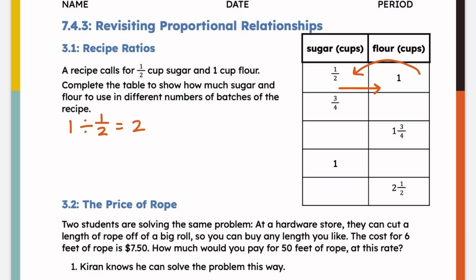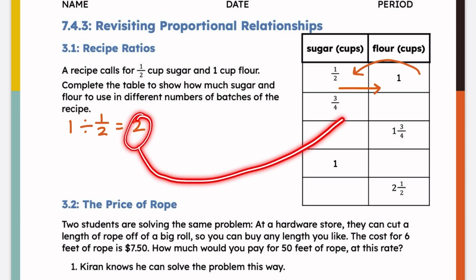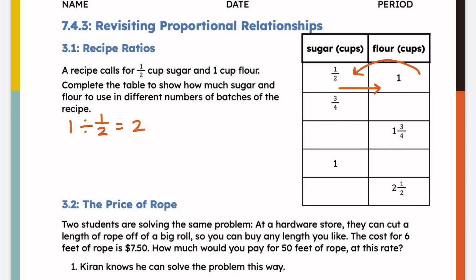What that number actually tells me is we are going forwards in this table by multiplying by 2. So now I can confirm and double check in my calculator: 1/2 times 2 is equal to 1. And that tells me exactly how I'm going forward everywhere else in the table.